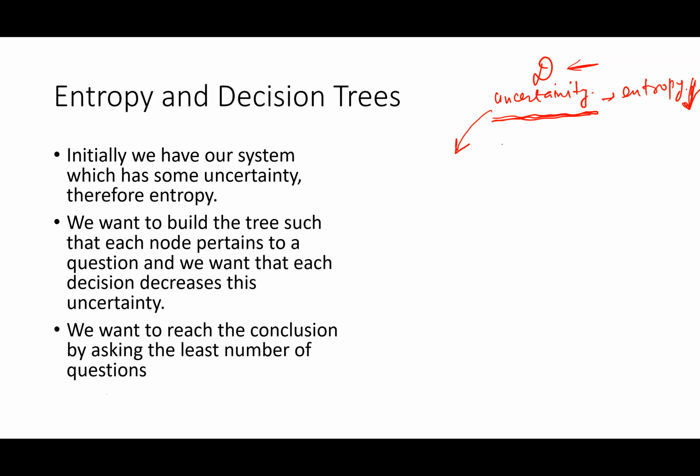So if we have a number of attributes x1, x2, ..., xd, we might want to select one of these attributes such that, initially let us say our entropy is H. So entropy is denoted by H. We might want to select one of the attributes, and that will give us some kind of information about the system, and our entropy should reduce. So by selecting any of these attributes, let us say xk, our entropy will reduce.